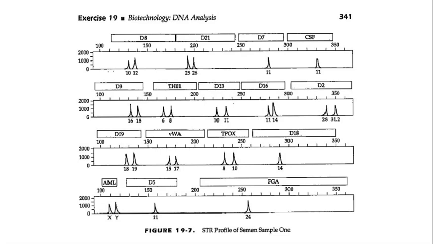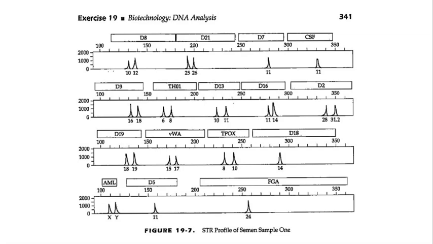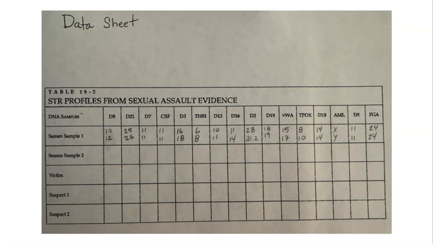I have used this STR profile to fill out the attached data sheet, which indicates the numbers of the peaks for each STR locus. At the first locus, the D8 locus, I have written the numbers 10 and 12, because returning to our profile, we see peaks at 10 and 12 at the D8 locus.